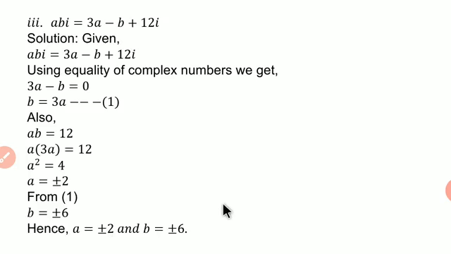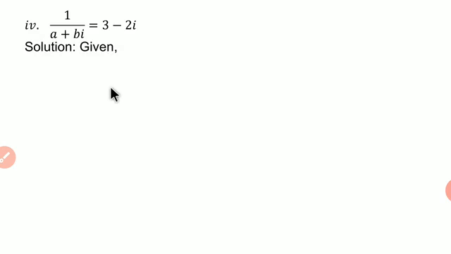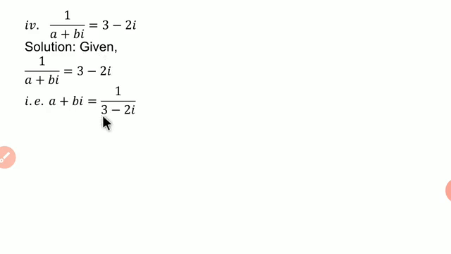Now see the fourth example. For that again we have to find values of a and b, and that example is 1 upon a plus bi is equal to 3 minus 2i. Solution. Given 1 upon a plus bi is equal to 3 minus 2i. Now taking the reciprocal on both the sides, we get a plus bi is equal to 1 upon 3 minus 2i.